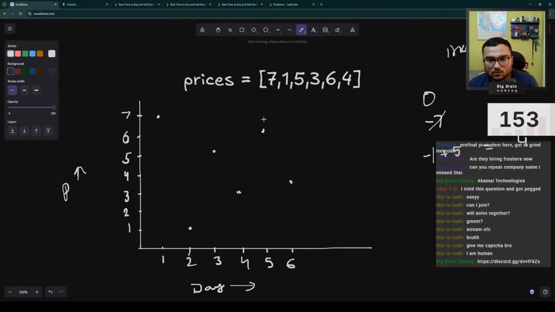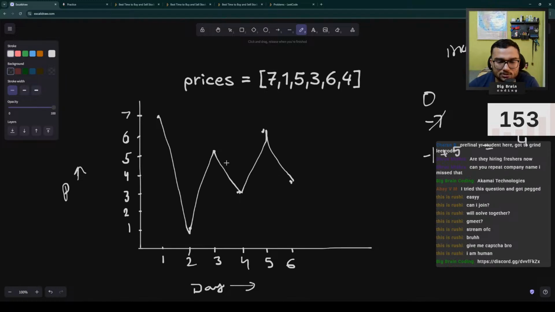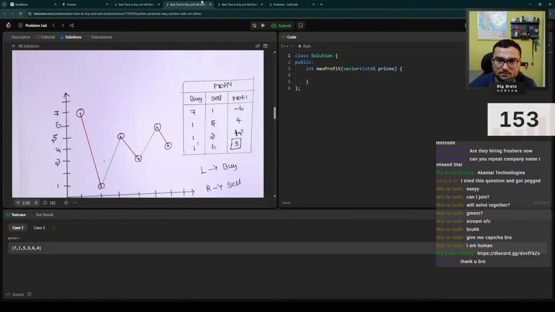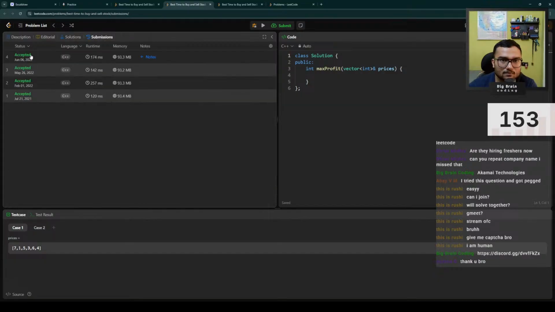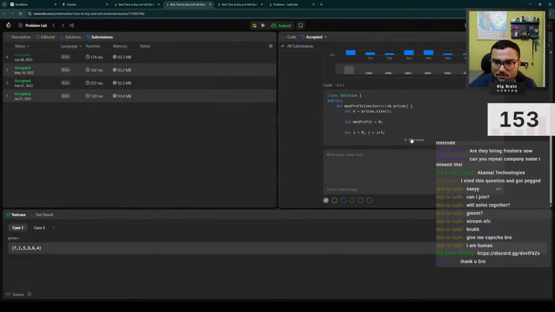Okay, so what I understood from this is, when the price is going down, we keep moving. We don't buy anything. When it starts going up, we buy at that position. Then we go up and calculate the maximum profit, right? What was my solution?